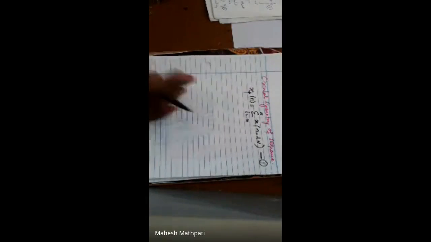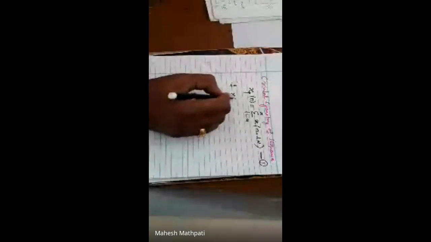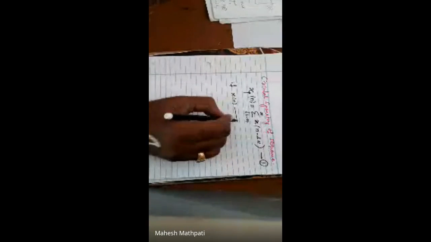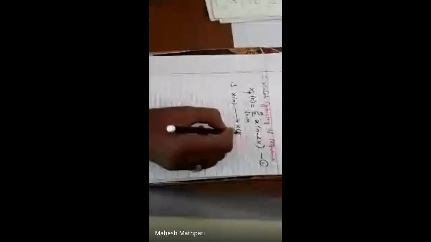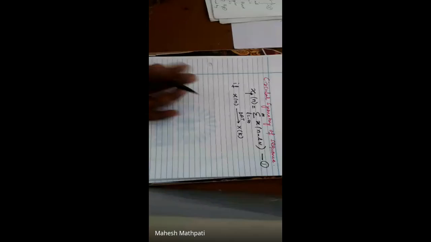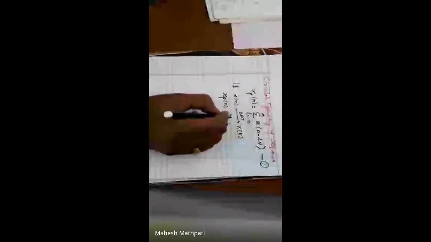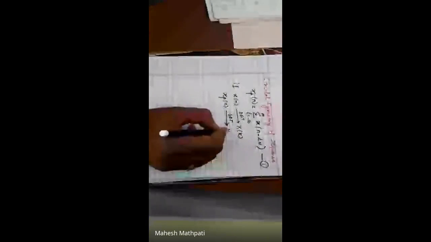If we take the DFT of x of n, we write it as X of k. And if we take the DFT of xp of n, then also we get X of k.